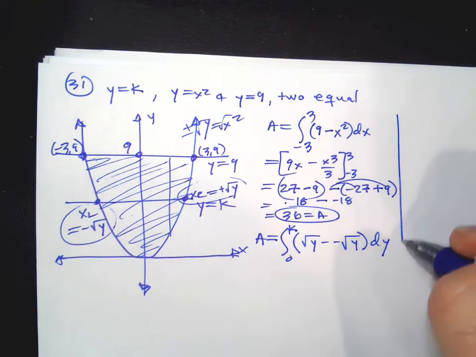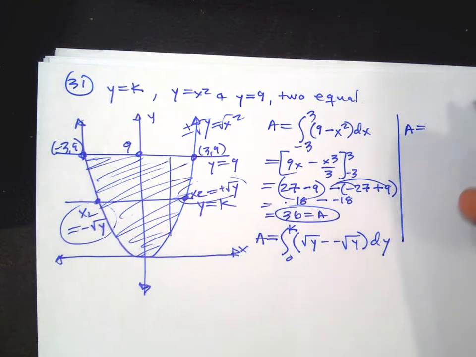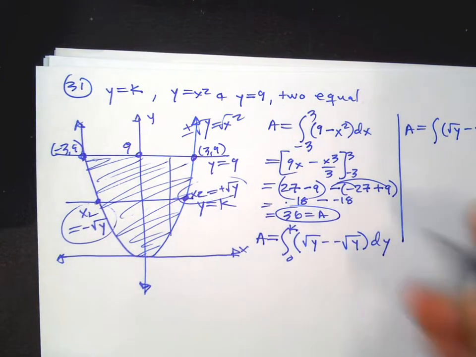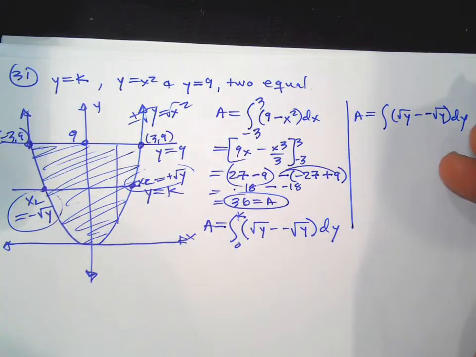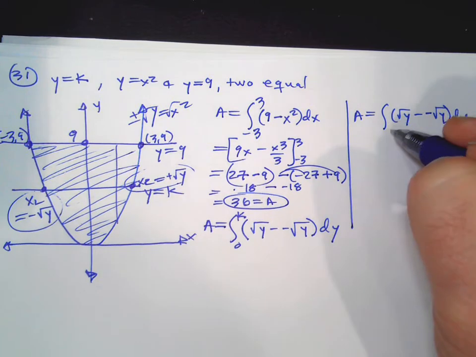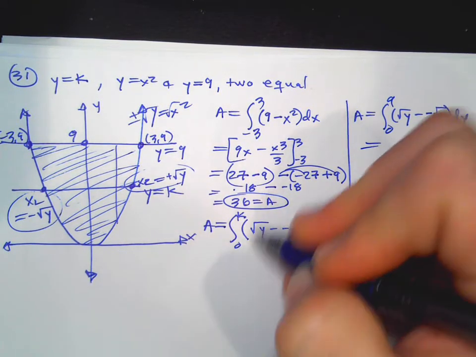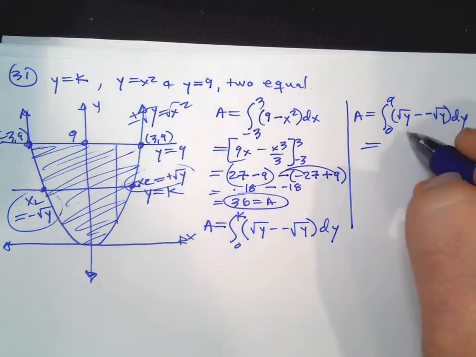Now, we could have just started with this strategy and said, let's find the area with horizontal slices because we're going to have to do that for the next part anyways. Might as well just not have to rethink it from two different ideas. And we'd say 0 to 9 here. And then all the work we do here would be work that would be similar here, and you just take advantage of it.